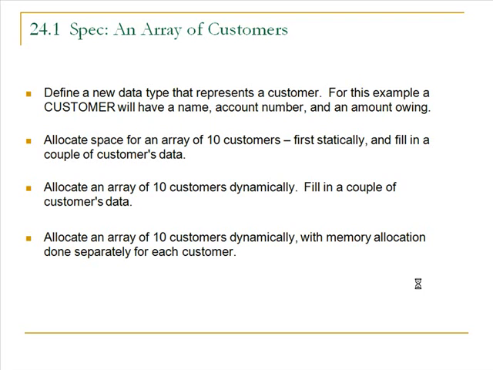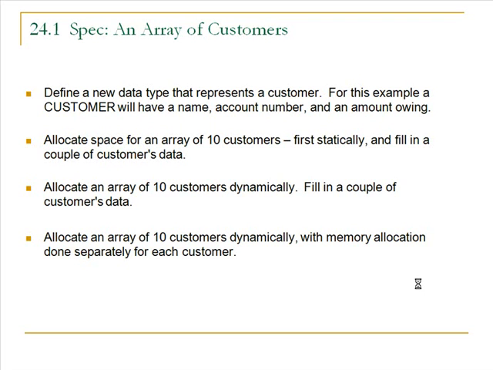So once we have the customer data type, then we're going to allocate space for an array of customers, first statically off the stack, and then we will fill in a couple of customers' data.